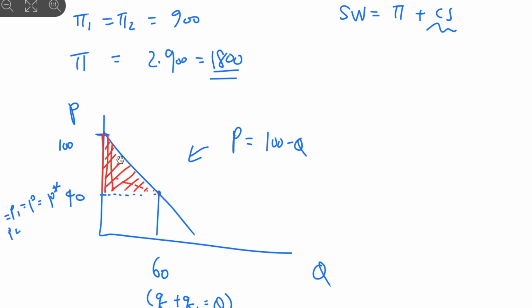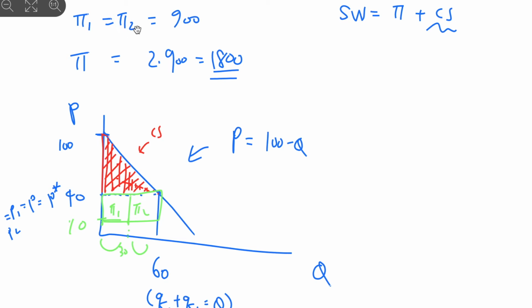So the area is the consumer surplus. What about the profit? We have the cost right here at $10, and the whole area is what? The total pie. We can split it into 30 and 30, so we have pi 1 plus pi 2, and together that becomes pi.